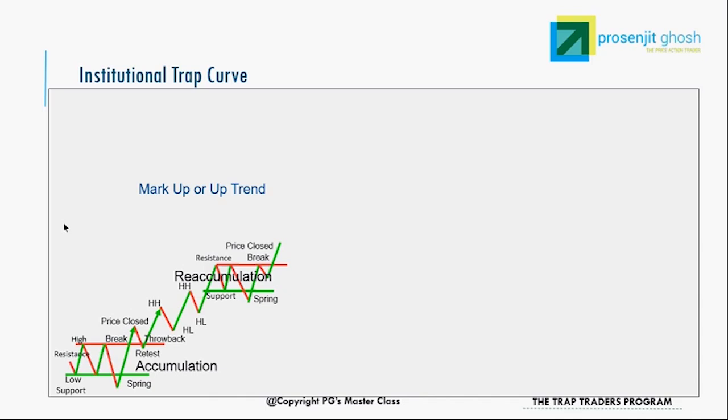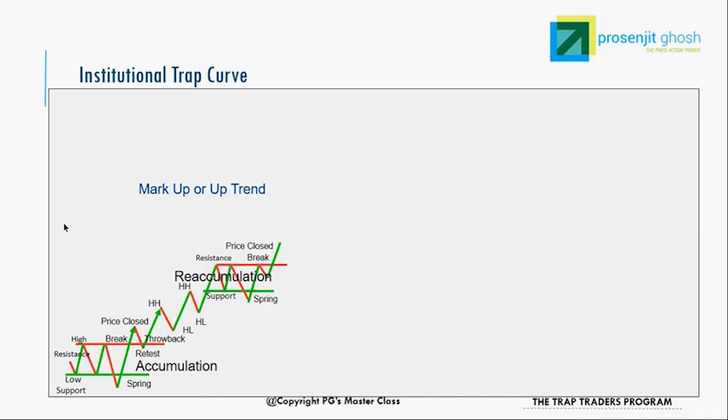Then you will see a breakout happening on the upper side and price will close. So in an uptrend, many reaccumulations can form, many sideways movements can form. After an accumulation there will be a throwback that retests the accumulation, and price will start its uptrend.